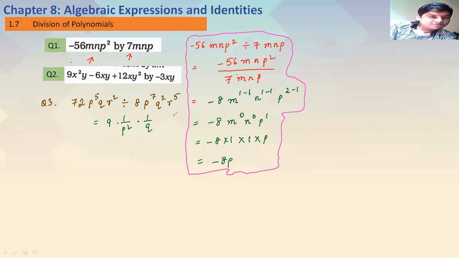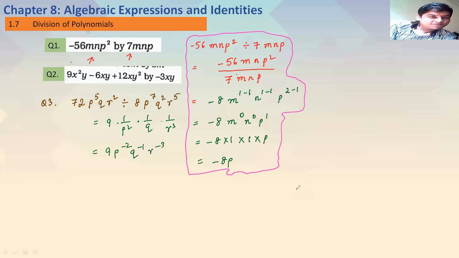Very good. That's why I gave this sort of question. So it is basically p raised to negative 2. You know about this, right? If you have powers in the denominator, when you take it to the numerator, the powers are negative. This is q raised to negative 1 and r raised to negative 3.